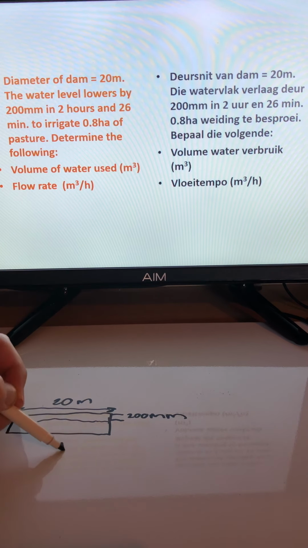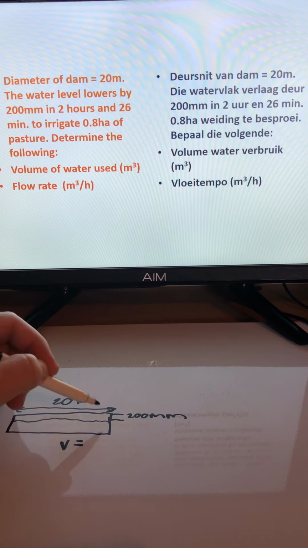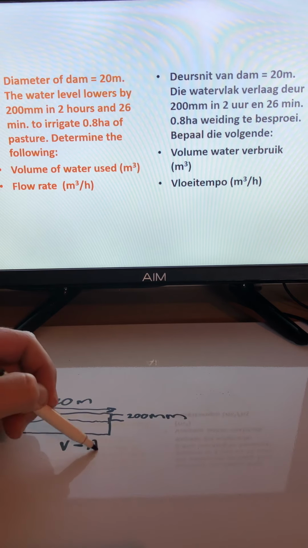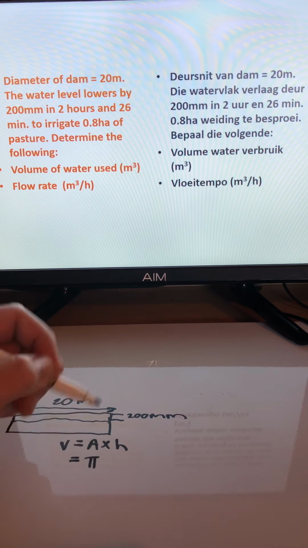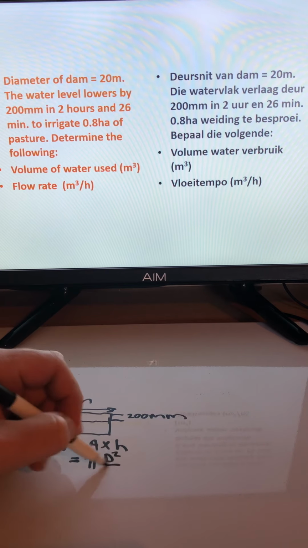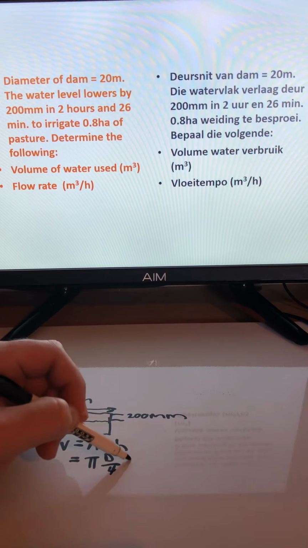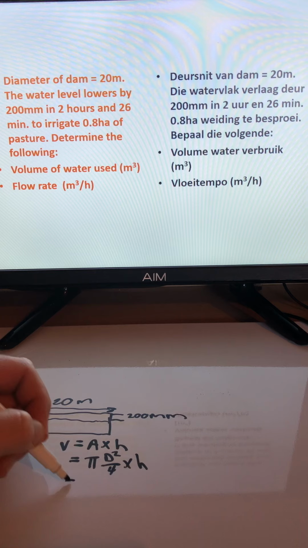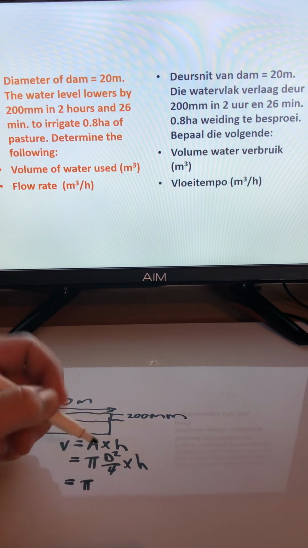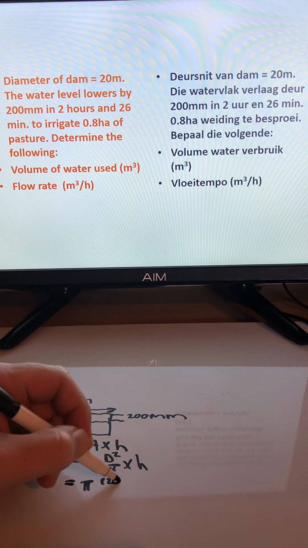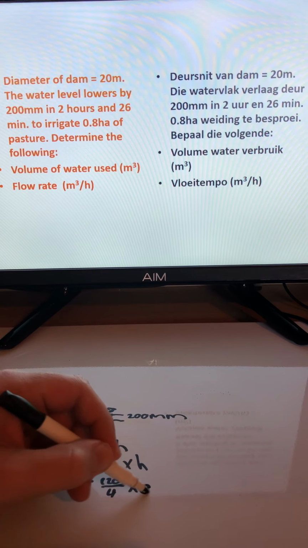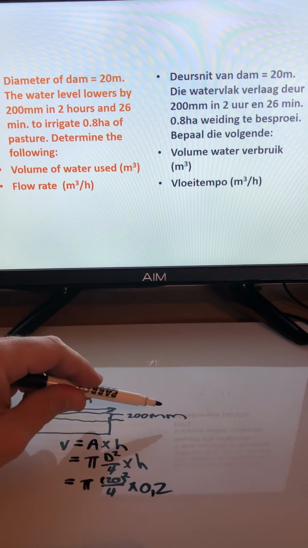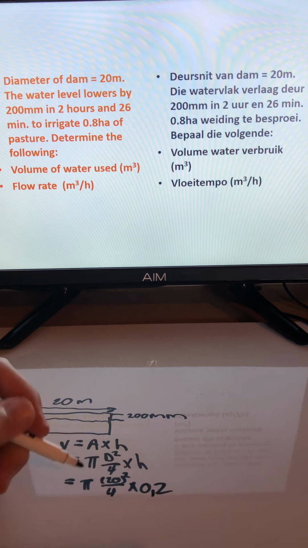The volume of that water would be this area multiplied by that height of 200 millimeters, so that is pi times diameter squared divided by 4, multiplied by the height. You write it out this way: pi times 20 squared divided by 4 multiplied by 0.2, because the height was in millimeters and the diameter in meters.